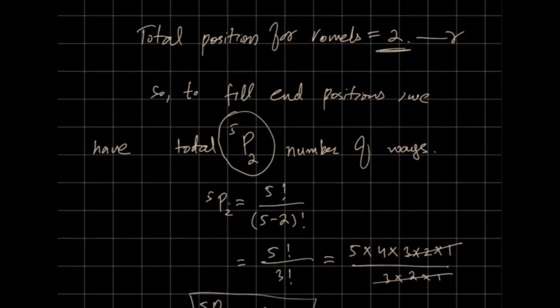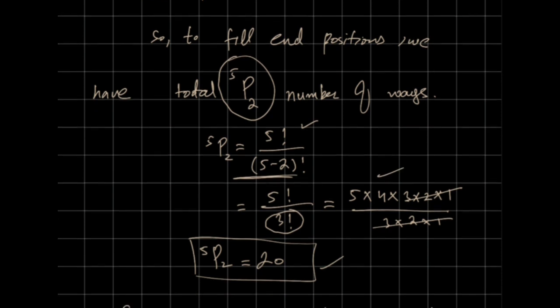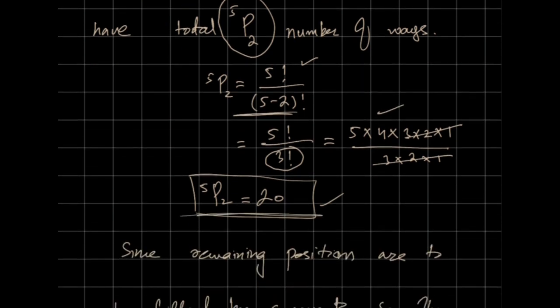So what is 5P2? 5P2 is 5 factorial over 5 minus 2 factorial, which is 5 factorial over 3 factorial. Then expand this, you will get 5 times 4, which is 20. Got it? So 5P2 is 20.